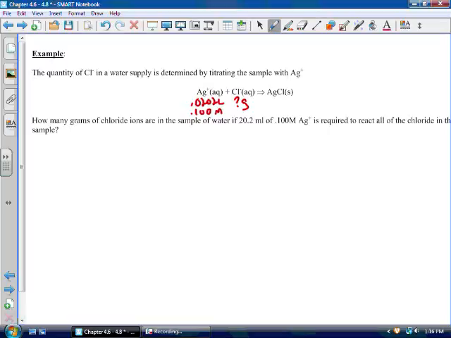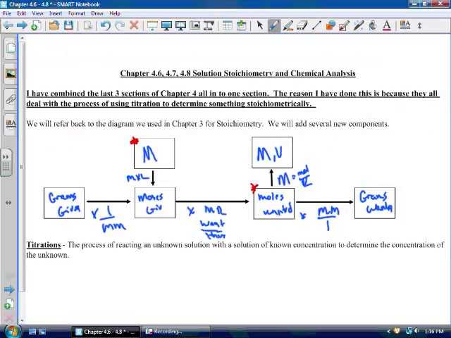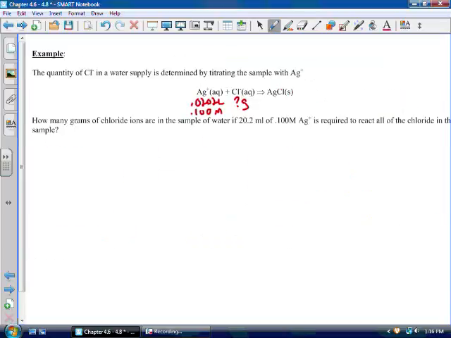So again, we start with molarity given, except this time we're going to go to grams wanted. All right, so molarity given times volume will give me 0.00202 moles of silver ions.